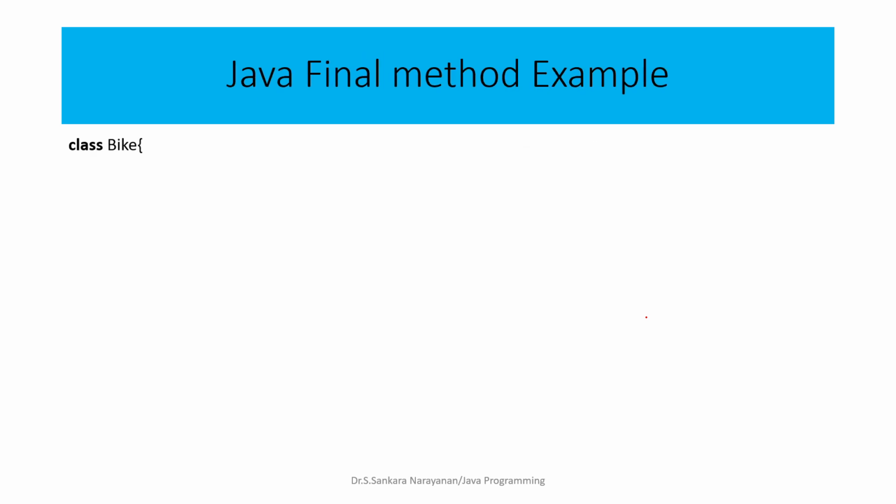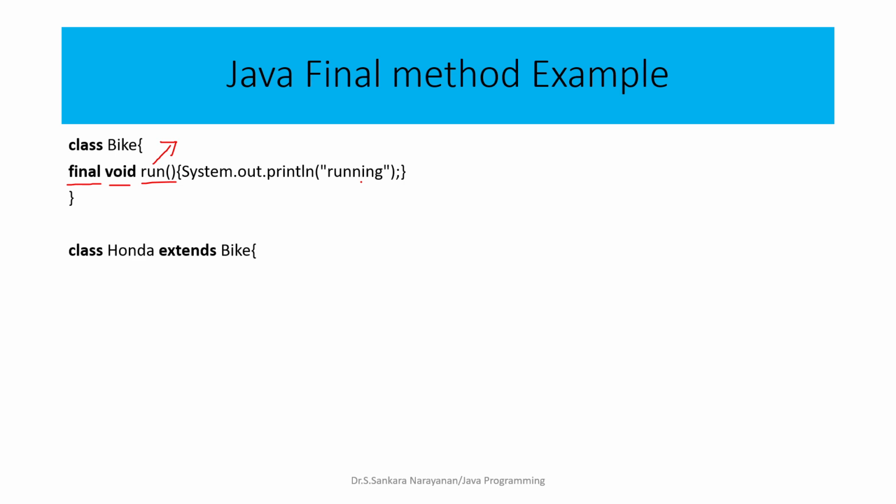Here again the class name is bike, my method name is run, and the return type is void. We are declaring this method as a final method. Once it is declared as a final method, we cannot do overriding. Inside the method I am printing running, and I am closing the class.